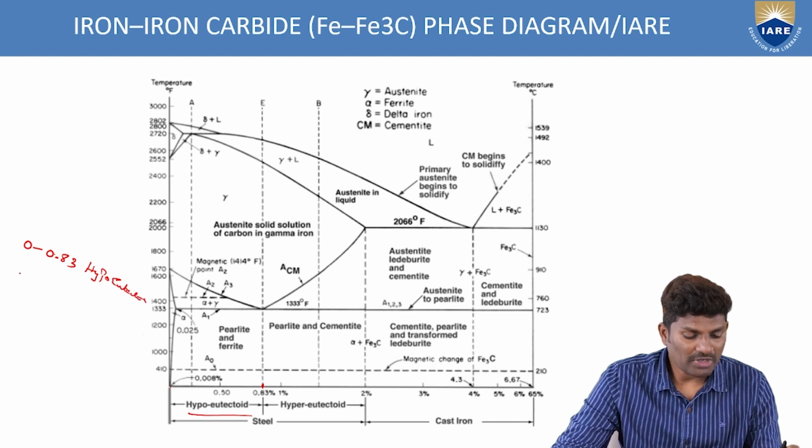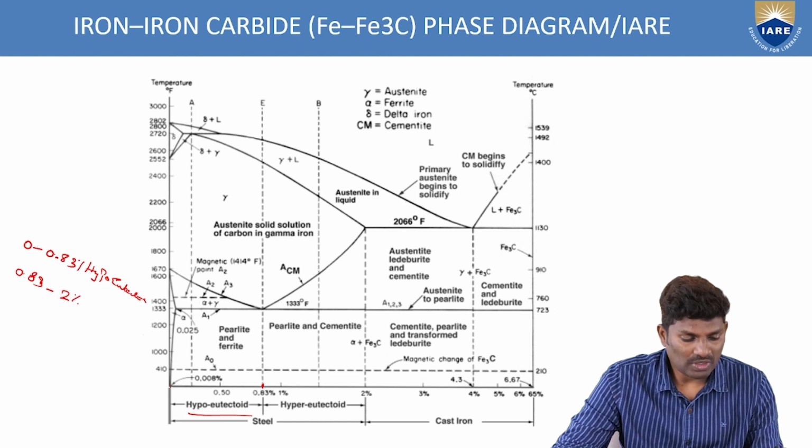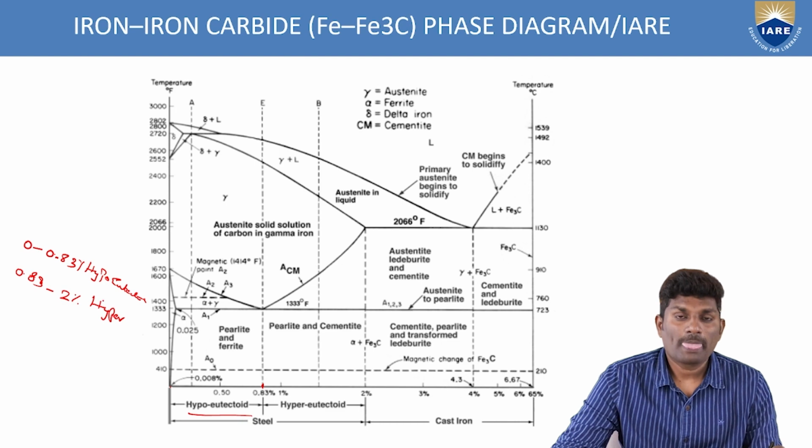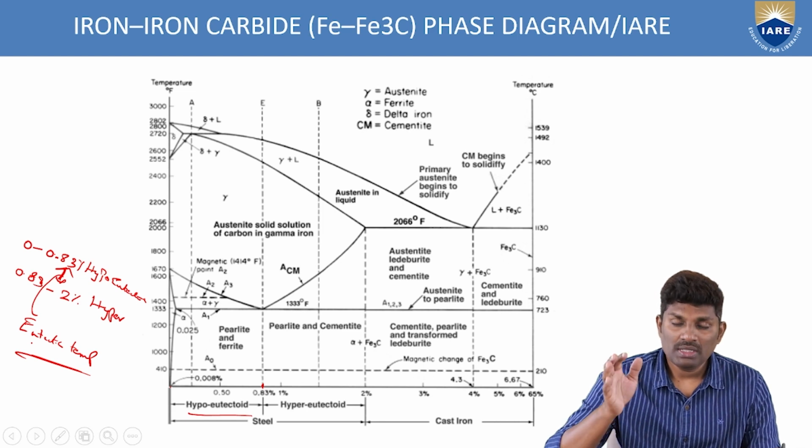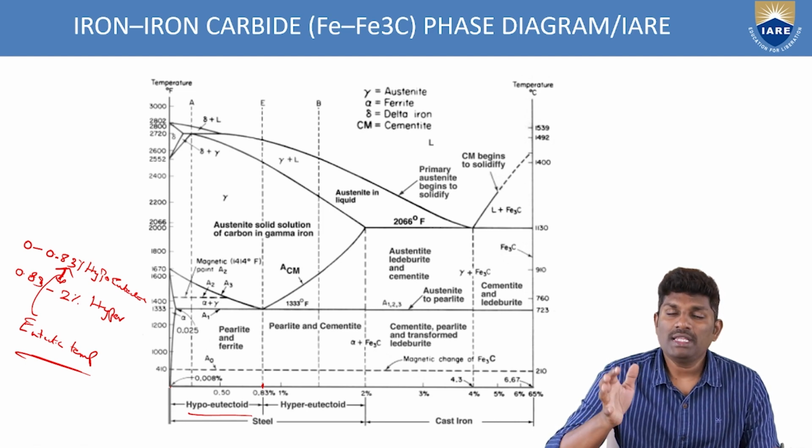Next, hypereutectoid means 0.83 to 2%. All these are in the hyper range. In between hypo and hyper you have the eutectic temperature.